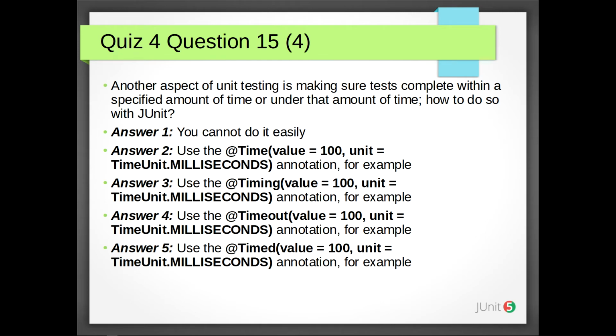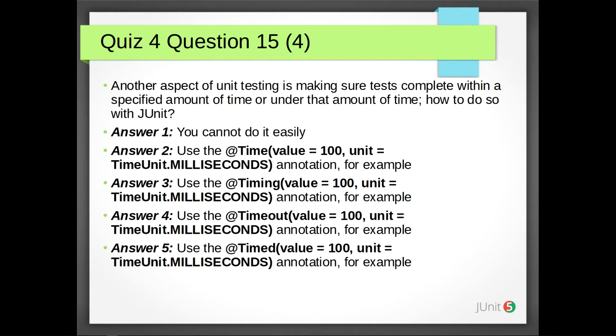Quiz 4, question 15. Another aspect of unit testing is making sure tests complete within a specified amount of time, or under that amount of time. How to do so with JUnit? Answer 1. You can do it easily. Answer 2. Use the @Time(value = 100, unit = TimeUnit.MILLISECONDS) annotation, for example. Answer 3.